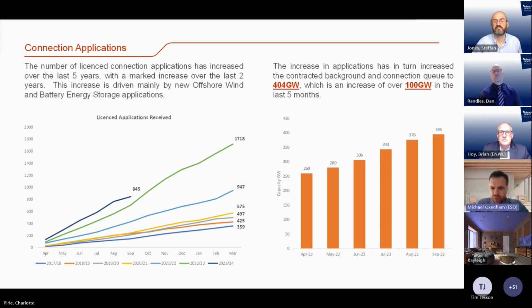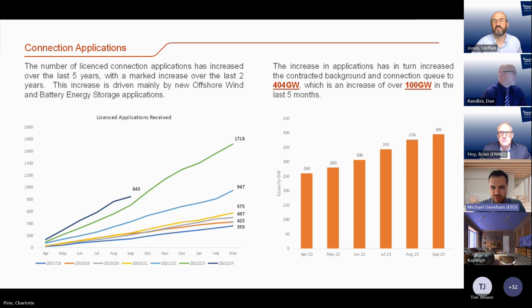As you can see from the graph on the left, year upon year, we're seeing a considerably higher number of connection applications coming through, with last year's being distinctly higher than previous years. This year's is also tracking above last year's, but also significantly above prior years too. So there's a lot of interest in connections. It's carrying on getting higher and higher as we move forward, and we can't see anything at the moment which is showing us that that's slowing down.